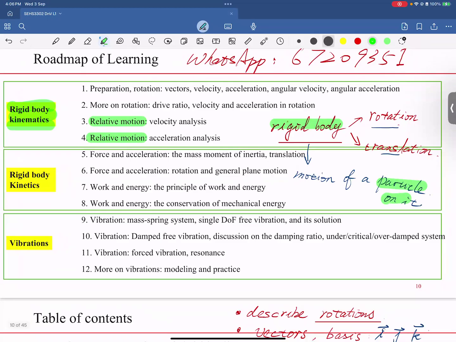The comprehensive questions are very easy to get, because we can just pick out one specific structure and let you analyze its relative motion to find out the particle velocity or particle accelerations. Okay, this is a typical analysis way.